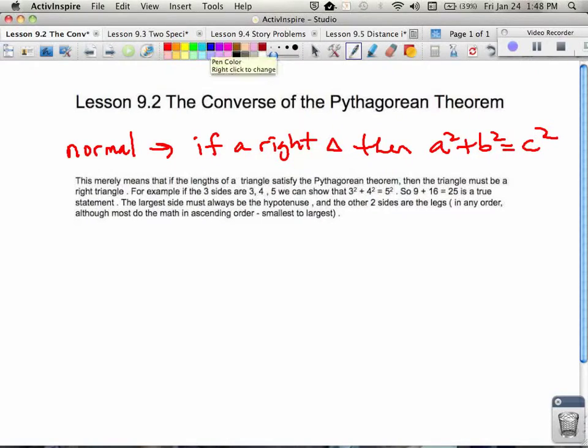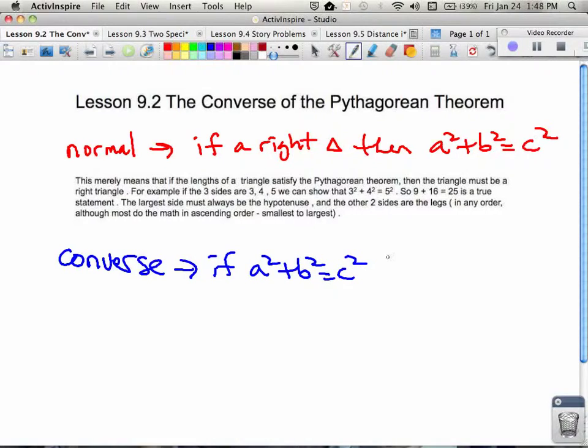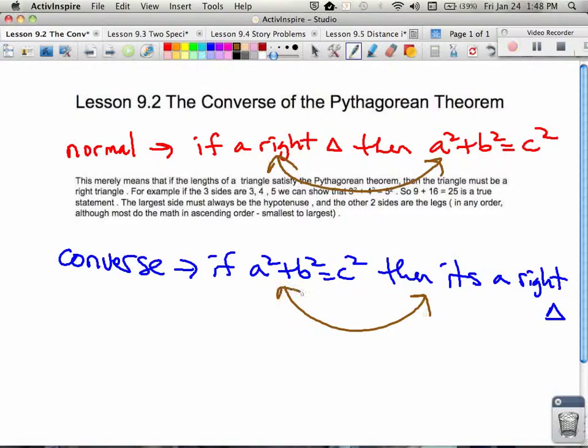Whereas the converse means if a squared plus b squared equals c squared, then it's a right triangle. And what you'll notice is all this means is that our wording has flip-flopped from one way to the other.